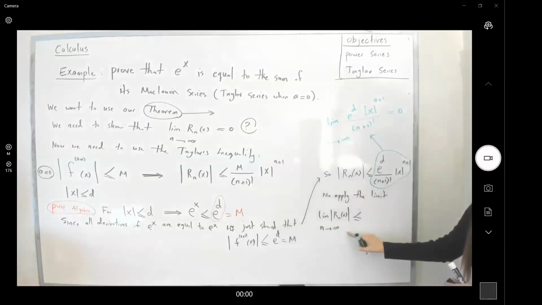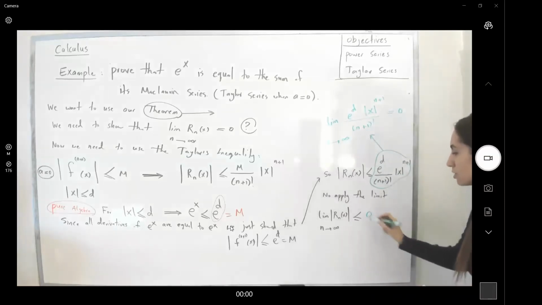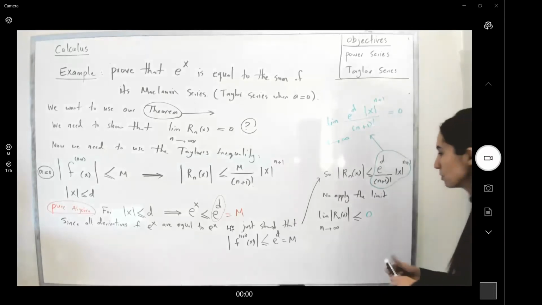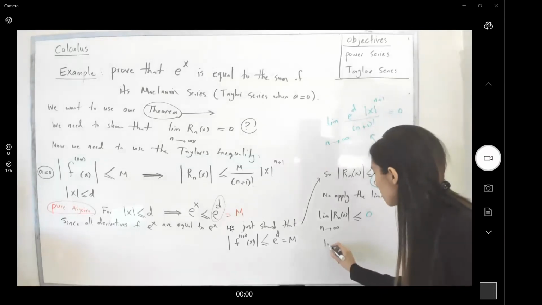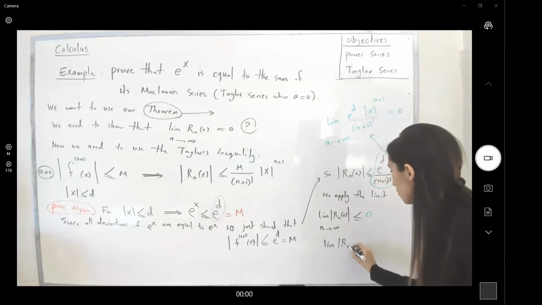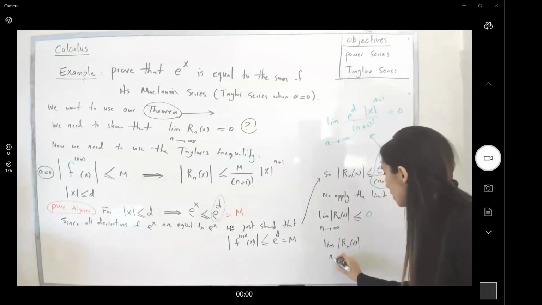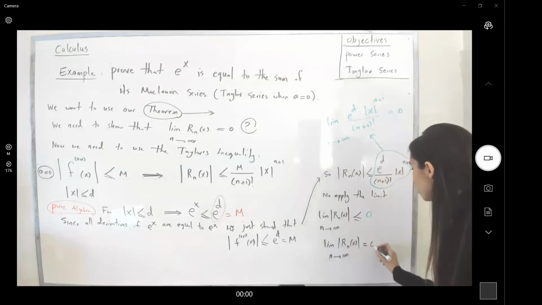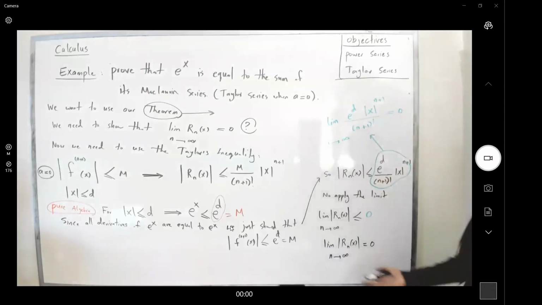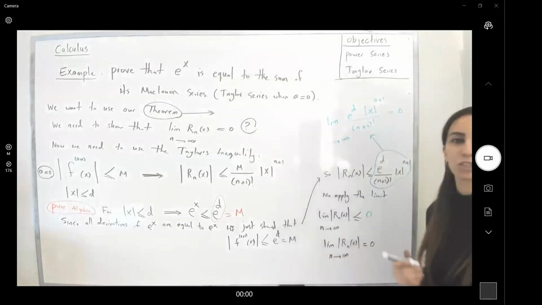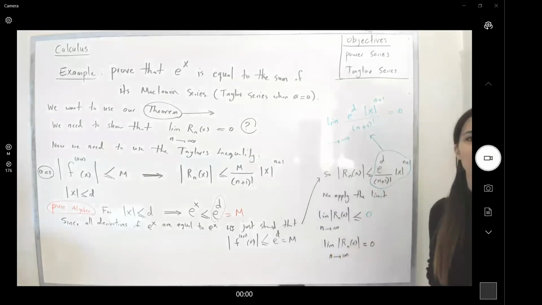So the limit of the absolute value of the remainder is less than or equal to 0. What's the meaning of that? It means that the limit of the absolute value of the remainder as n goes to infinity is equal to 0. We just showed that the limit of R_n as n goes to infinity is equal to 0.